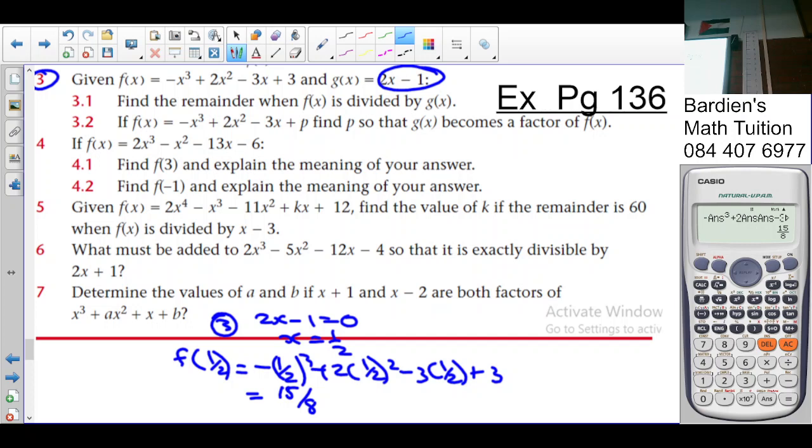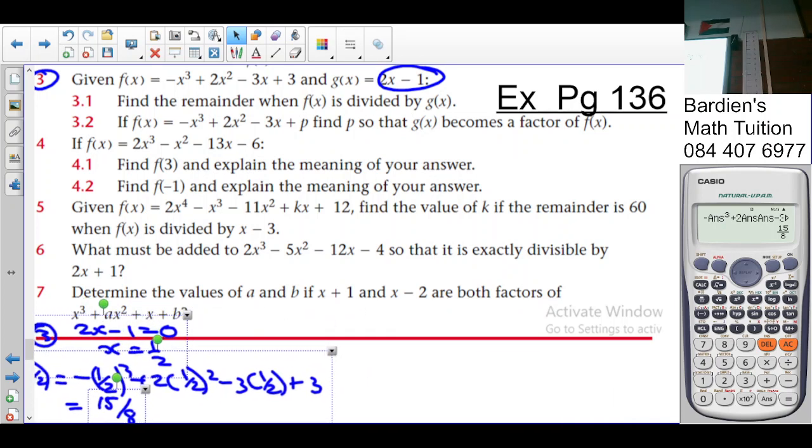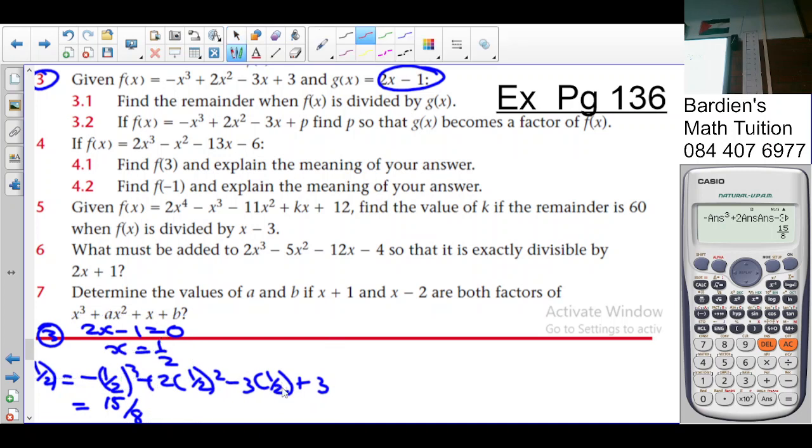Then in 3.2 we are told, if f of x equals negative x cubed plus 2x squared minus 3x plus p, find p so that g of x becomes a factor.